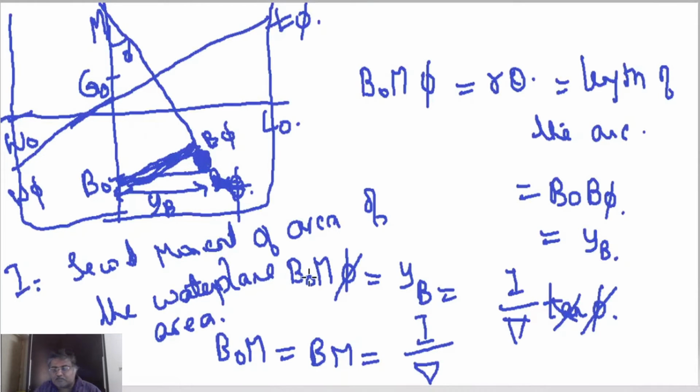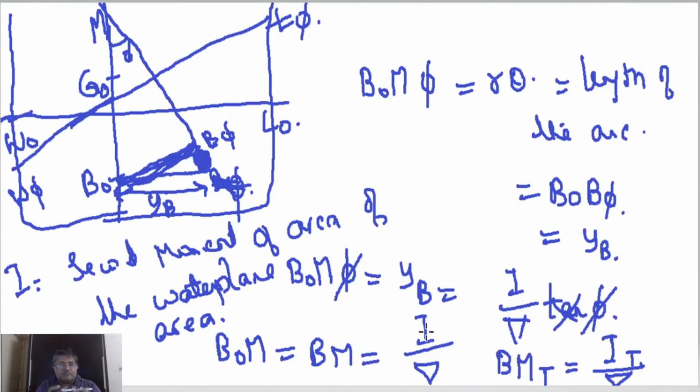I'll give you an example. For example, I am taking this case, and this is basically again BM. The distance we are talking about here is transverse, so this is actually BM transverse. This is equal to I transverse divided by del. Now what is I transverse?